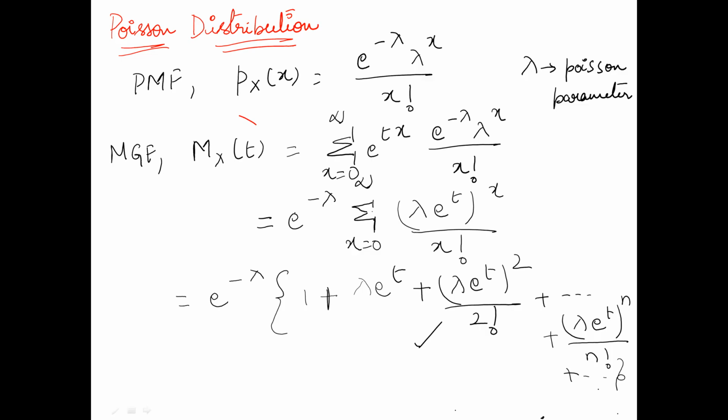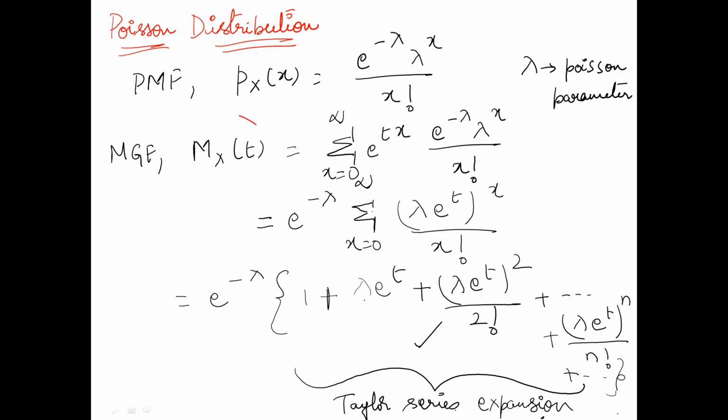So this is the expansion that we have, and as we can see, it is the Taylor series expansion of e power x, where x is lambda e power t. So this is going to be e power lambda e power t.